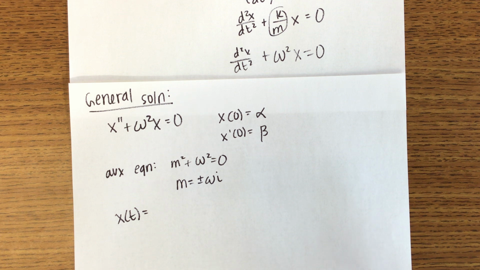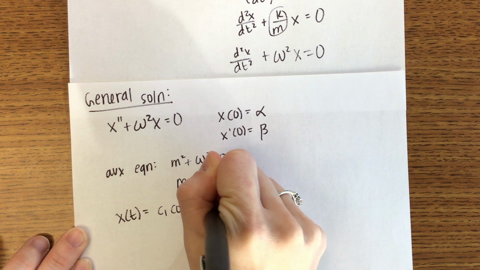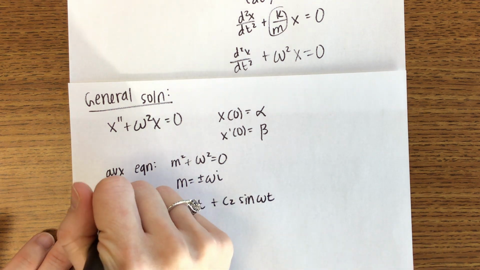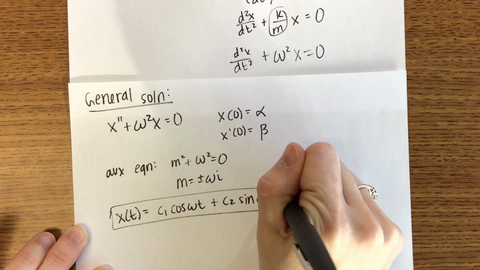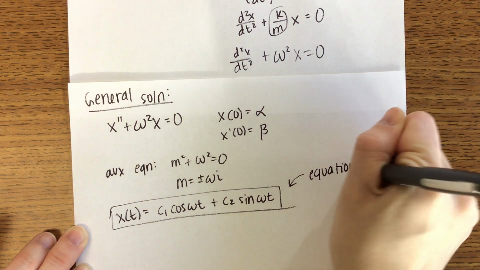Okay, what kind of functions then are we going to have in our solution? Trig. Okay, so we're going to have x of t equals c1 cosine of omega t plus c2 sine of omega t. So that is your equation of motion.